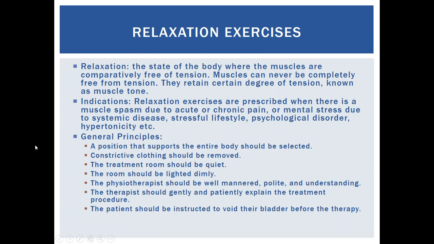When you are performing a relaxation exercise, you want to have a happy experience at the end of it. You don't want something tightly clinging to your body, right? That's why constrictive clothing should be removed.